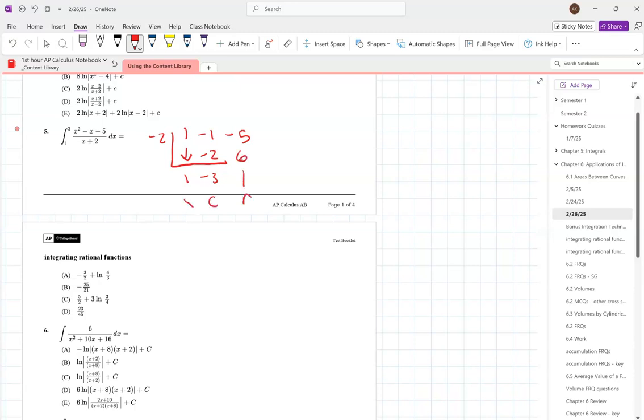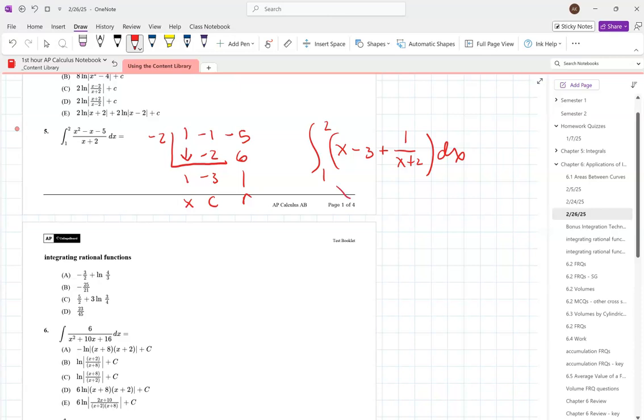So remember, when we do that synthetic division, we read from right to left, and it's remainder, constant, and then coefficient for x, and so on and so forth. So I'm going to rewrite this integral from 1 to 2 as x minus 3 plus 1 over x plus 2 dx.